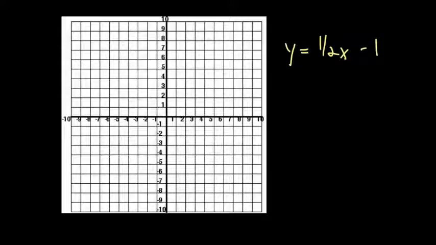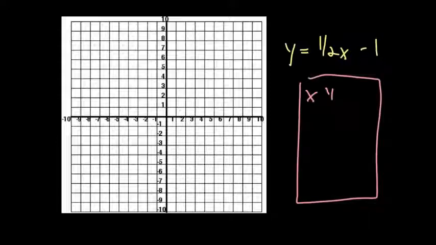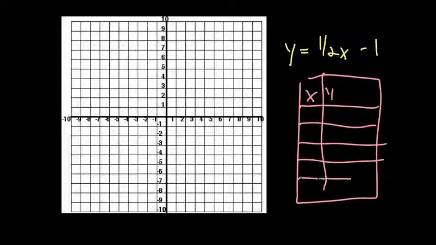Alright, so I'm going to do one more. We have y equals 1/2 x minus 1. Again, start with your table. But here, I'm not going to just use -2, -1, 0, 1, and 2, because my coefficient, the number in front of the x, is 1/2.